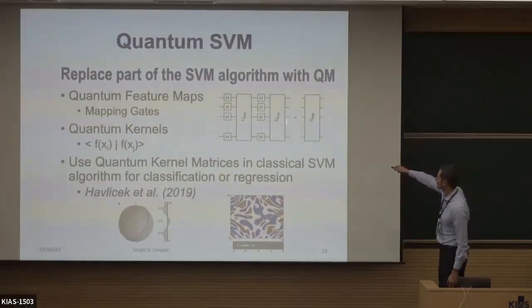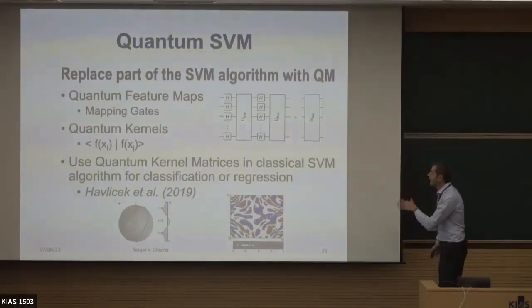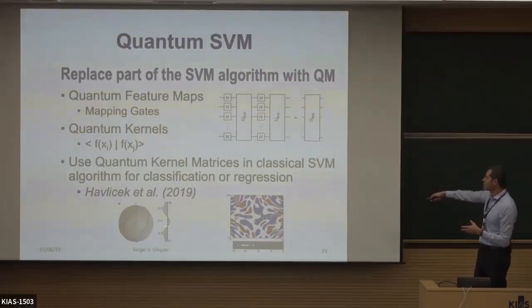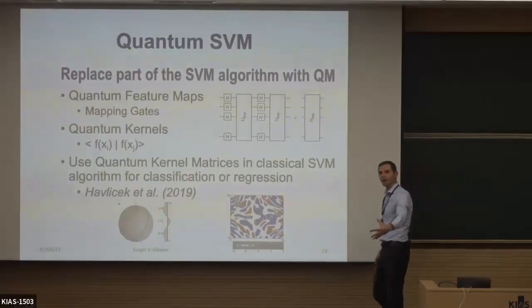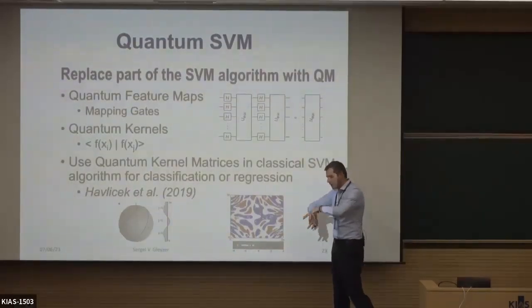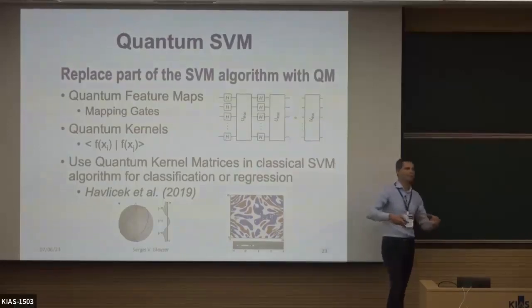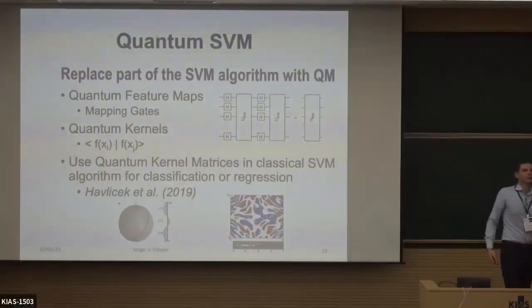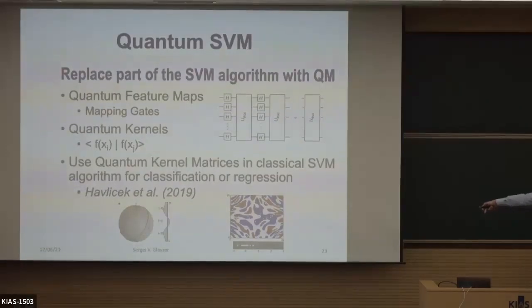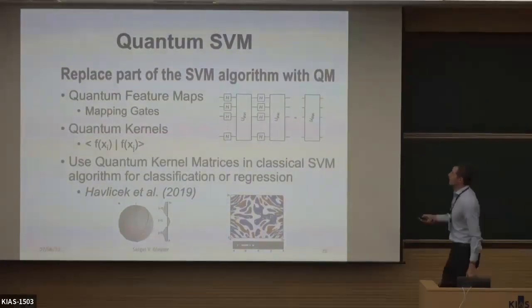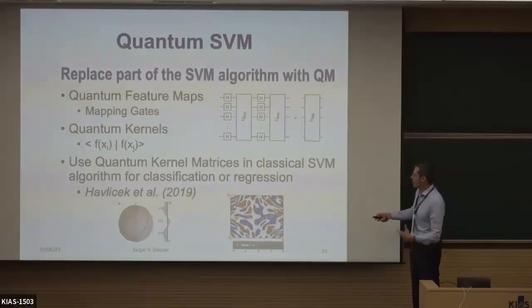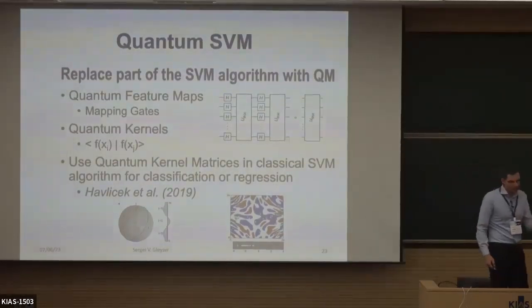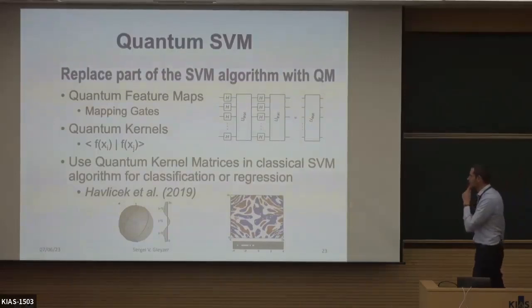You have some gates, and now you're going to map your classical problem onto the Bloch sphere in a way that essentially maximizes the separation between the two distributions under this particular ansatz, and you'll utilize quantum kernels to compute these overlaps efficiently. So that's the idea, and this was proposed by Havlicek et al. in 2019, and it's been used with some success since then.